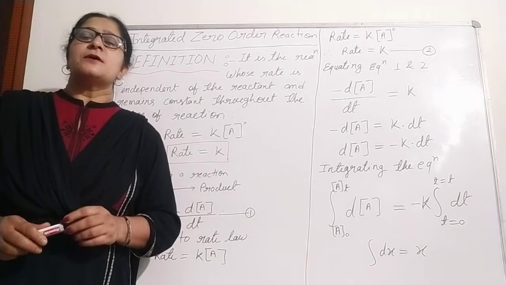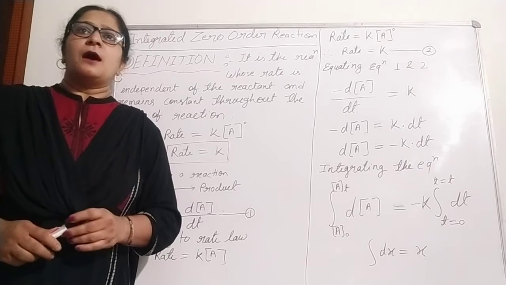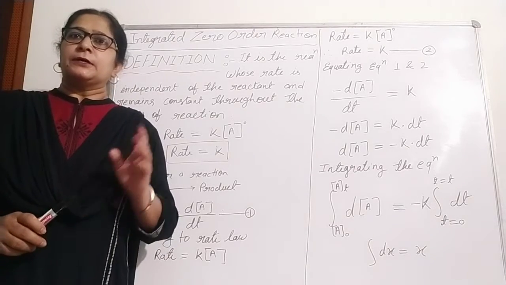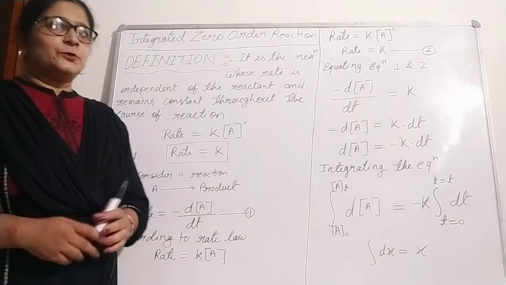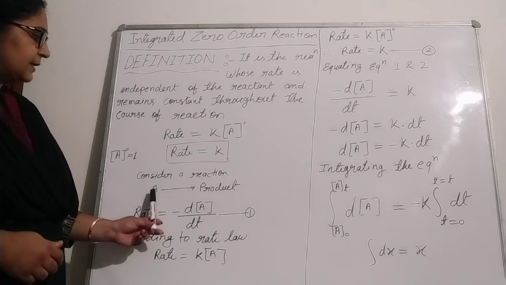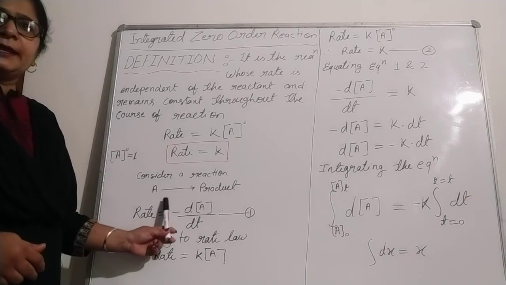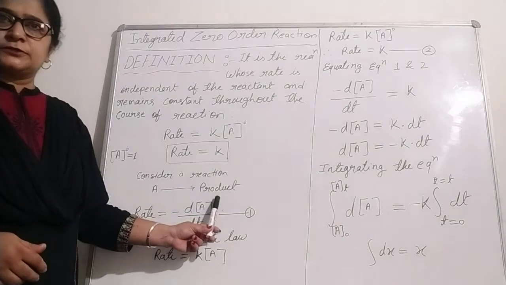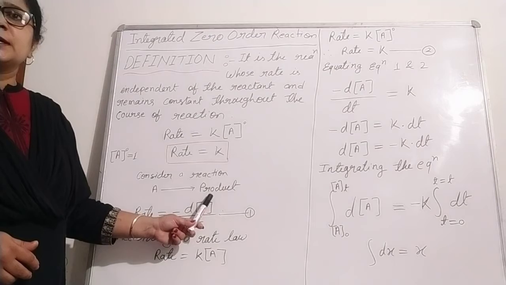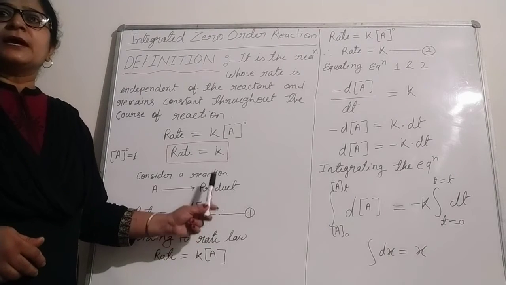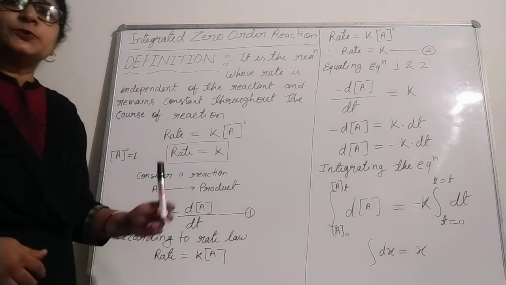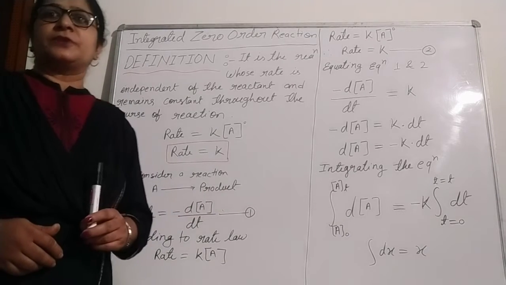So students, we will see here how to derive the equation for the rate constant for a zero order reaction. We consider a reaction in which A is the reactant and A is giving product. As time increases, the concentration of reactant goes on decreasing. This is nothing but the rate of reaction.